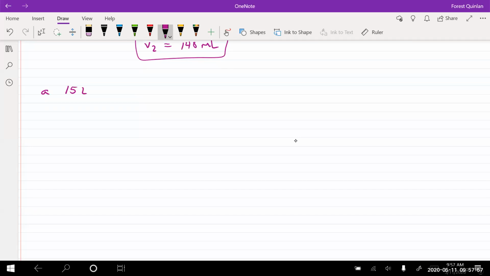So, a 15-liter balloon of hydrogen goes from one room to another.